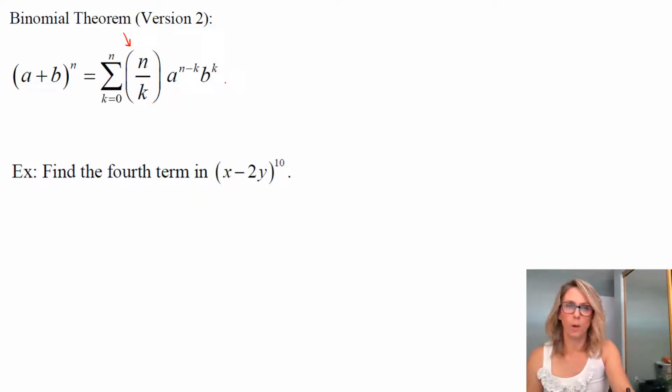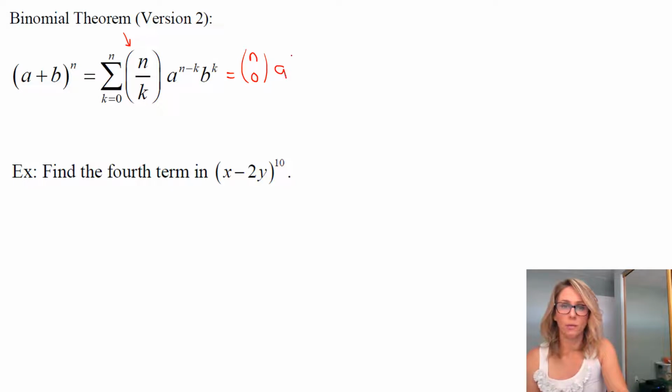So in thinking about what this looks like, if we were to multiply it out and do our summations here, we would start out with k being 0. That would create n choose 0, and if you look back up onto your sheet, we already know the coefficient for n choose 0. And we'd have a to the n and b to the 0.